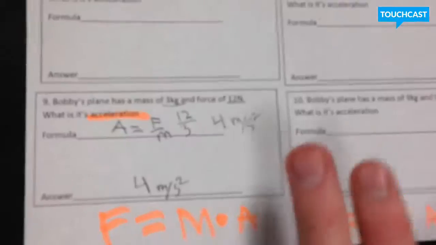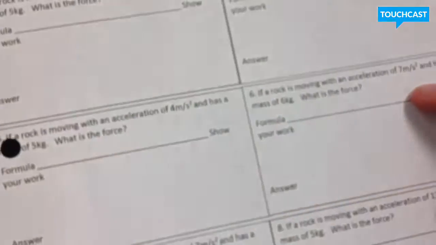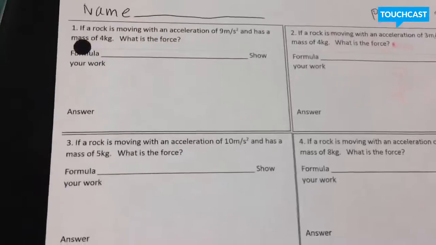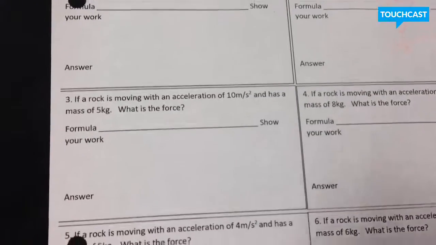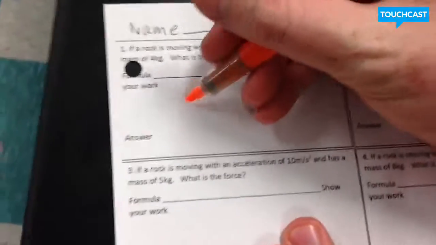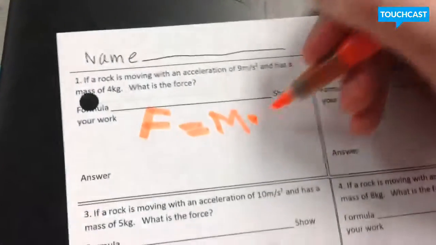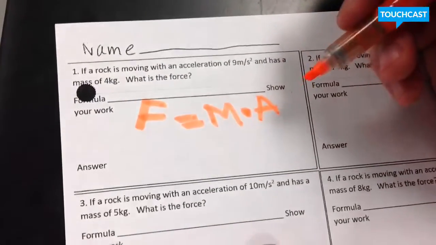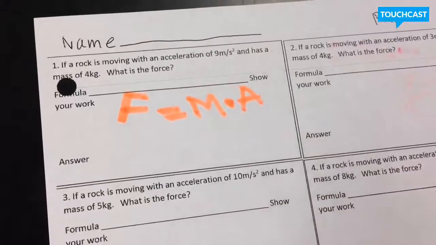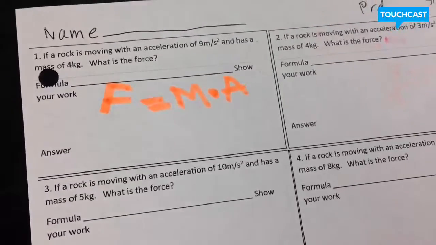Alright. Now, on this other side, you're going to be solving a couple of them that have force. If y'all look here, first off you write down your formula. So force is equal to mass multiplied by acceleration. Then you look through your problem.